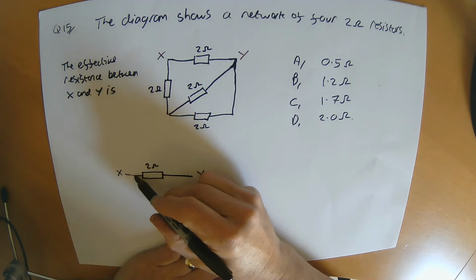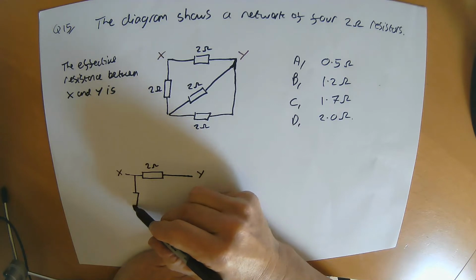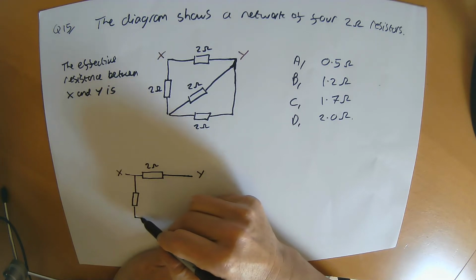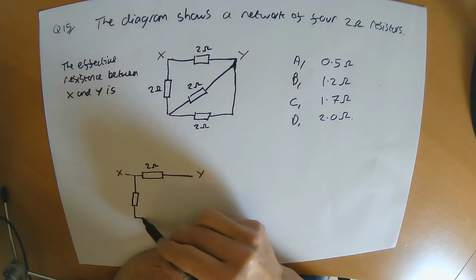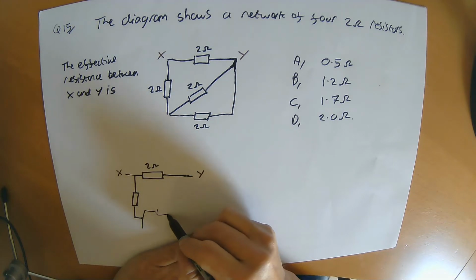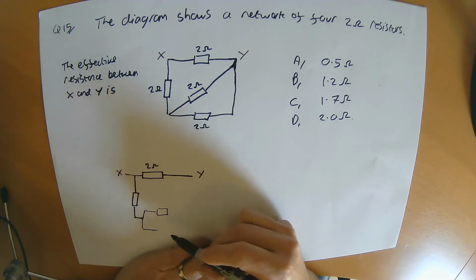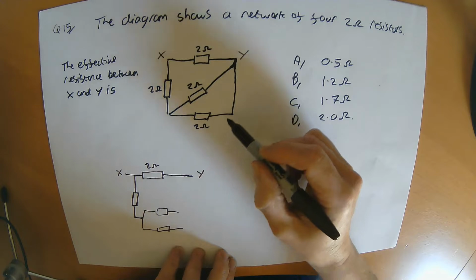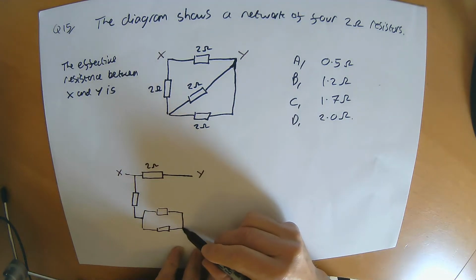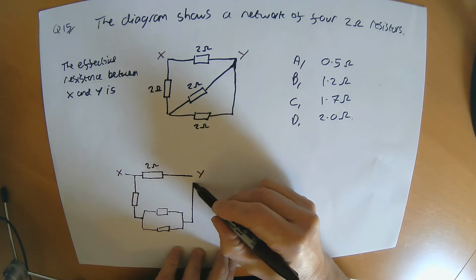If we go down from X through this 2 ohm resistor, and then at this point here we have 2 branches to produce a parallel section. These come back together again before going to Y.